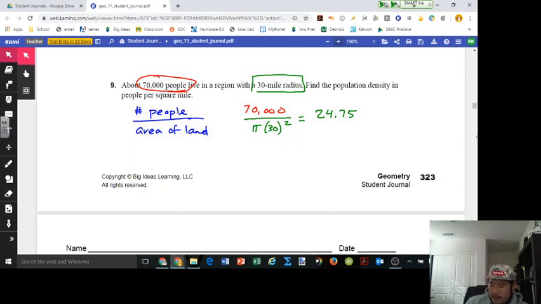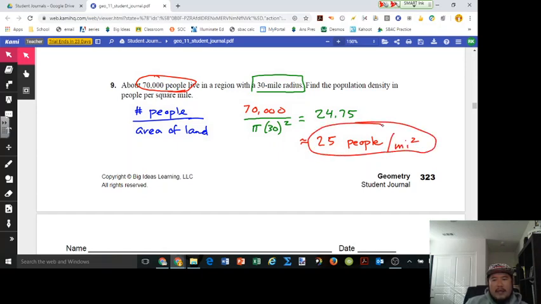We can take this number, round it up, and say that we have approximately 25 people per square mile. And that would be the answer that they would expect in Big Ideas.